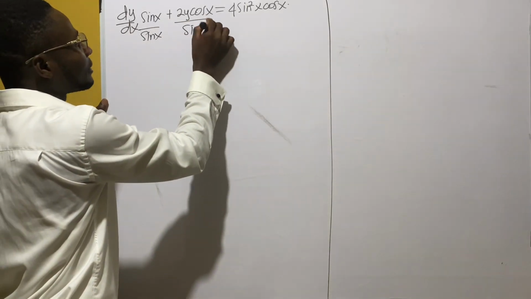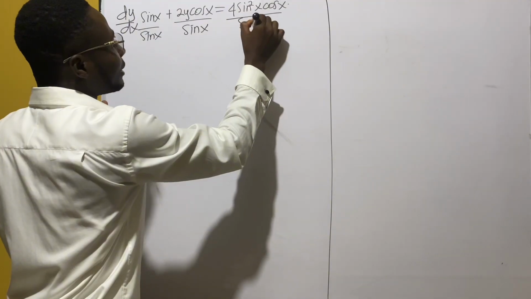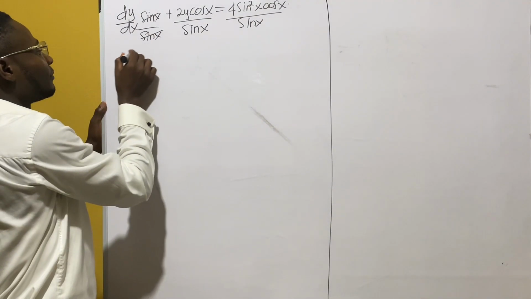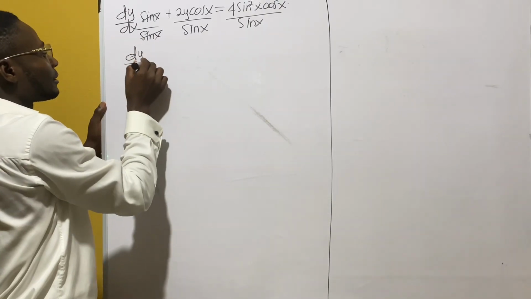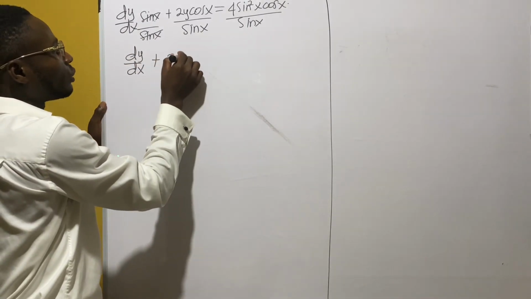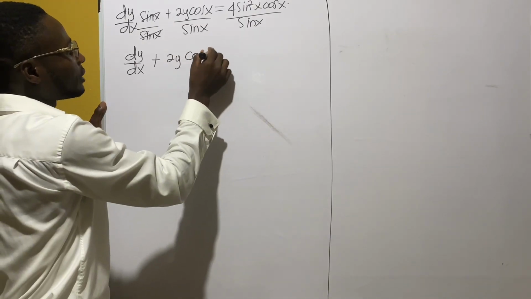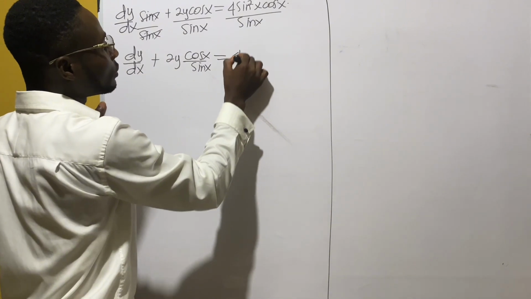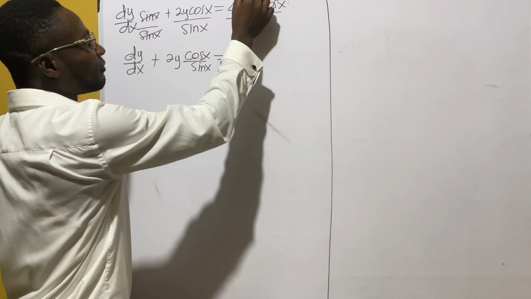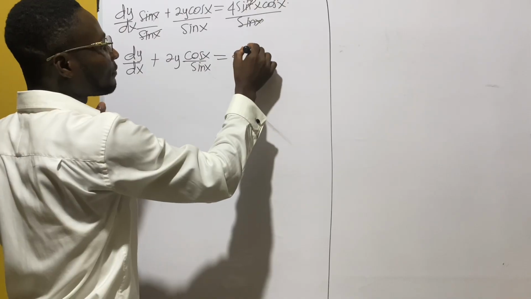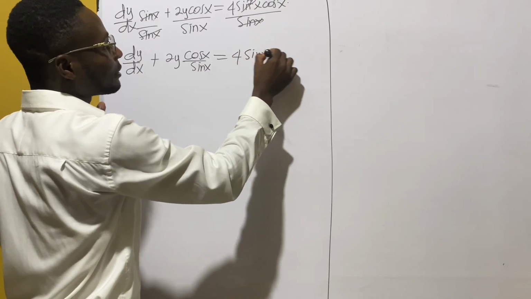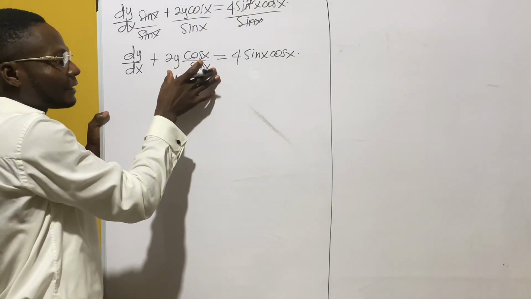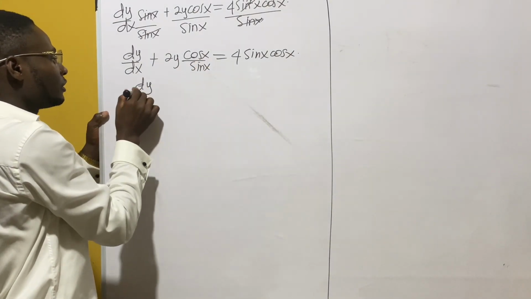Then we have dy/dx plus 2y cos x over sine x, and that should be equal to 4 sine x cos x.